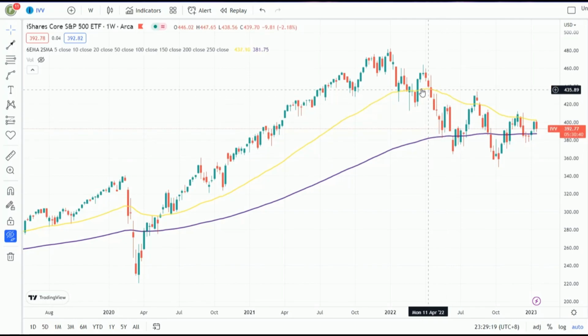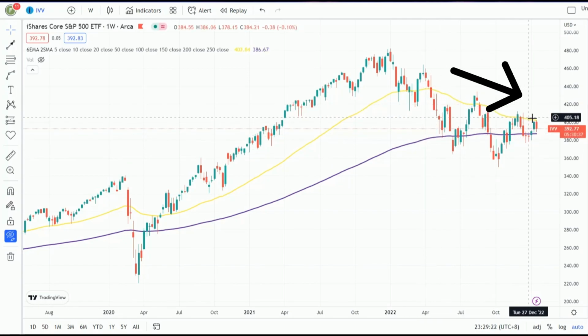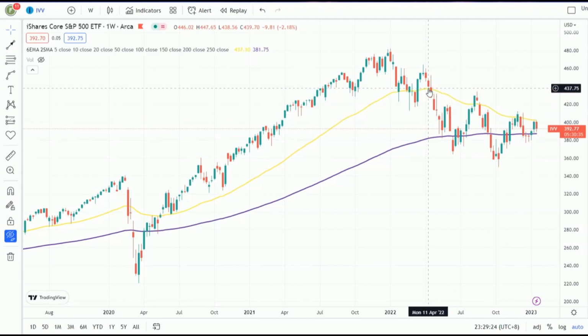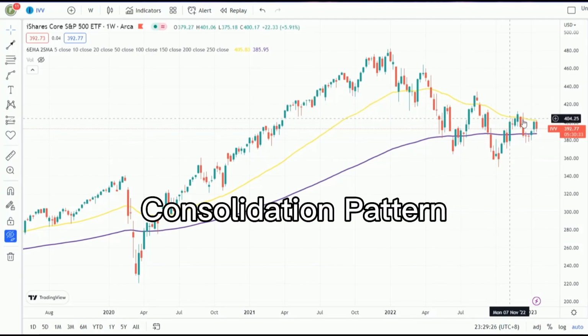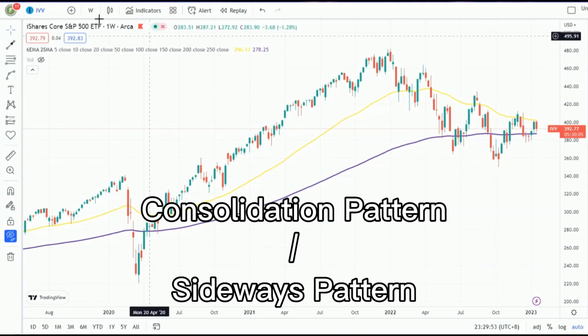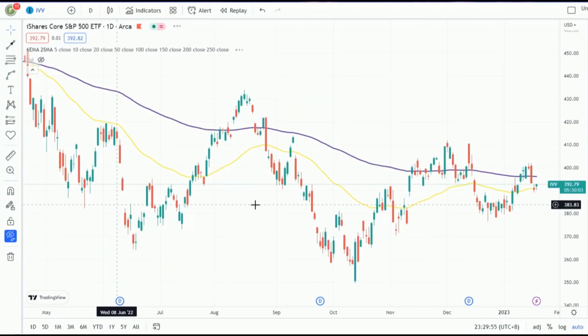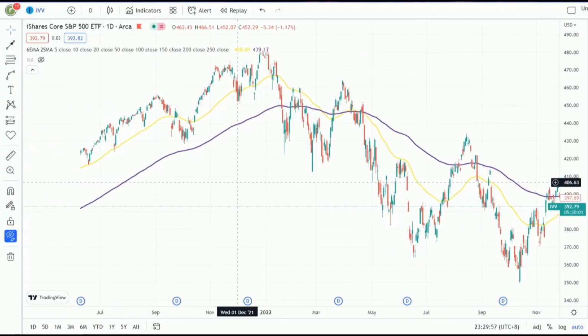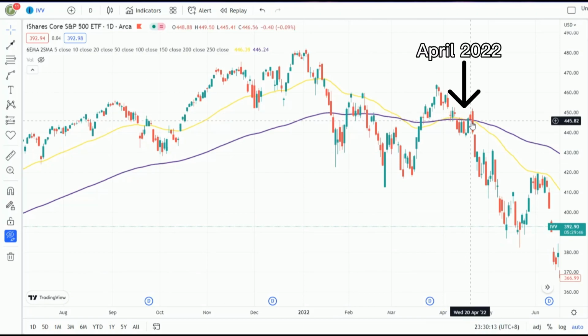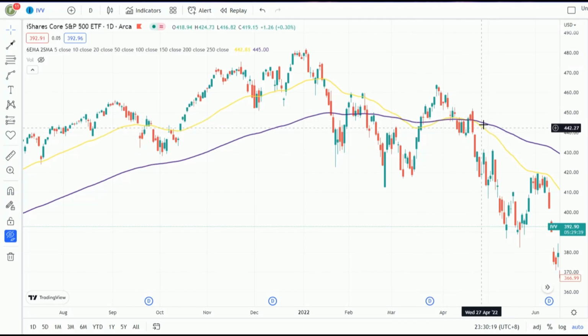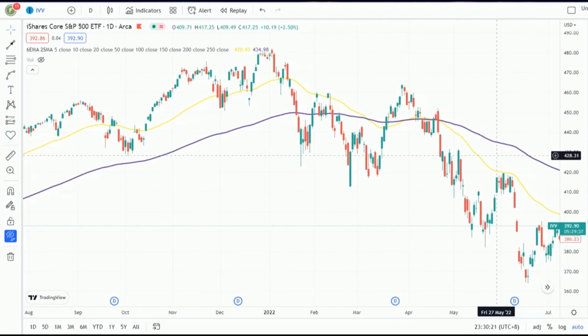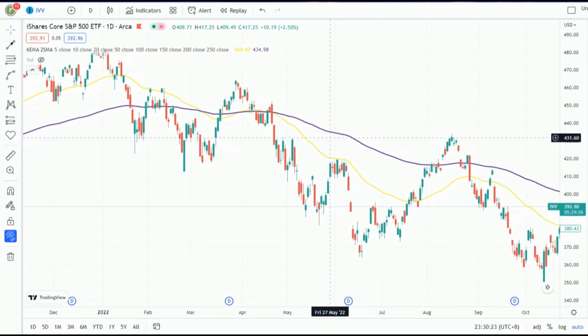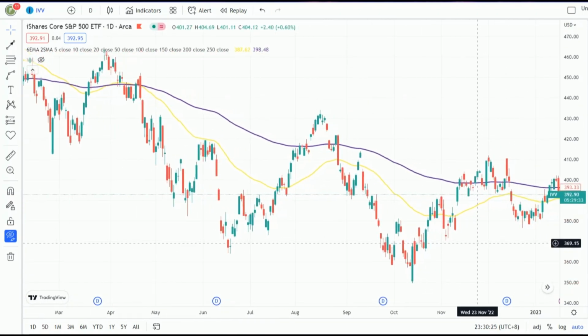But of course, the 50 moving average now is sloping down, so this is considered like a consolidation pattern or a sideways pattern. But if we move back to the daily candles, you can tell that the trend had actually reversed back in April 2022, where the 50 moving average crosses below the 150 moving average, and prices have been consolidating since then.